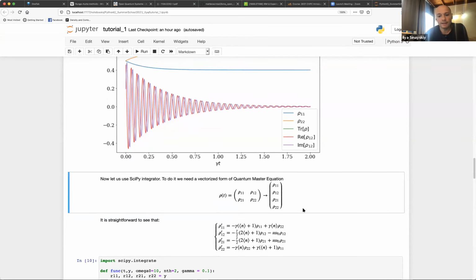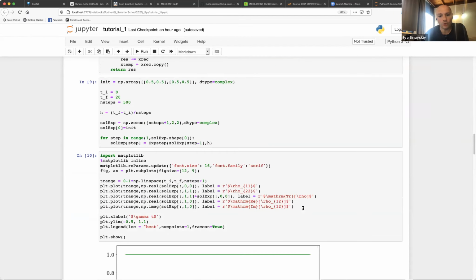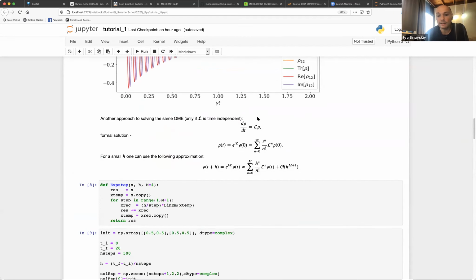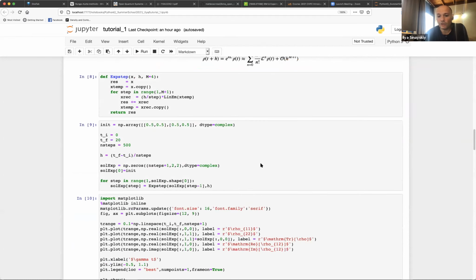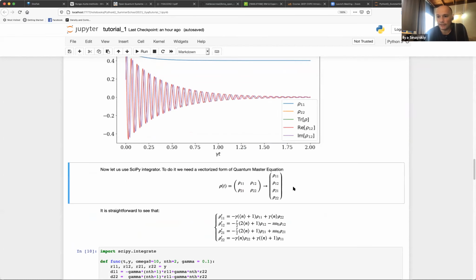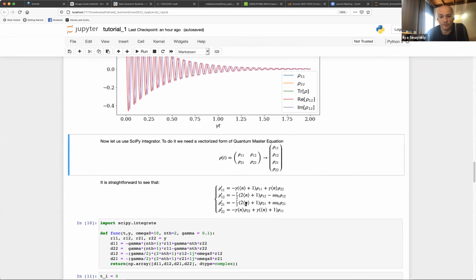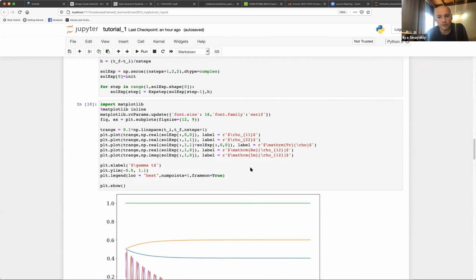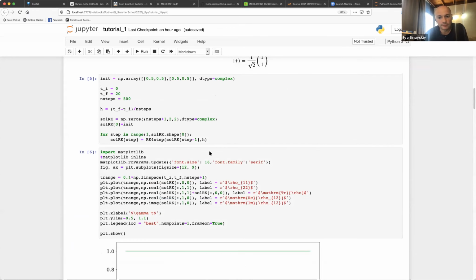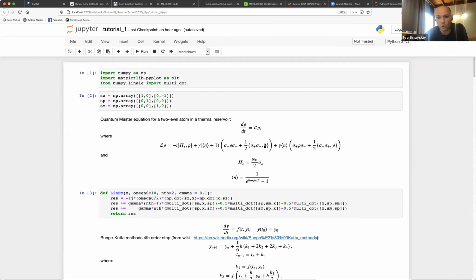So in that case, we need to go from the equation like this to the equation for the vectorized form of the density matrix. And one can do it straightforwardly. You just substitute into this equation, instead of rho, a 2 by 2 matrix which has rho 1,1, rho 1,2, rho 2,1, rho 2,2 elements.